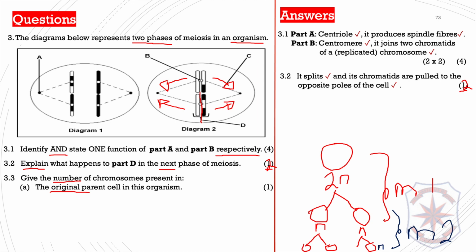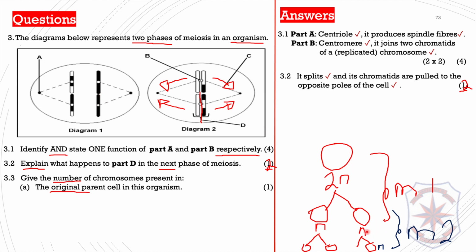Okay? Now, let us look at these 2 phases. These 2 phases that are represented in these 2 diagrams are undergoing meiosis 2. This is metaphase 2, and this is anaphase 2. Okay?